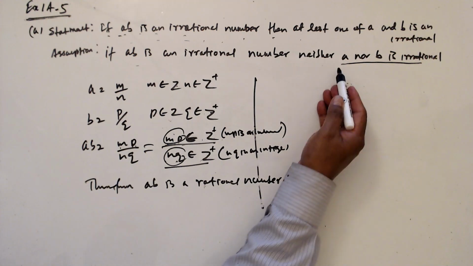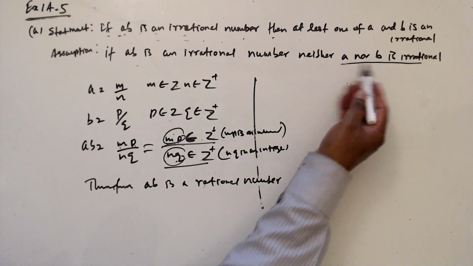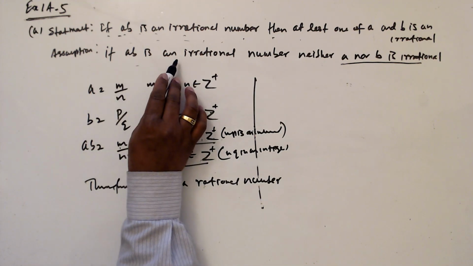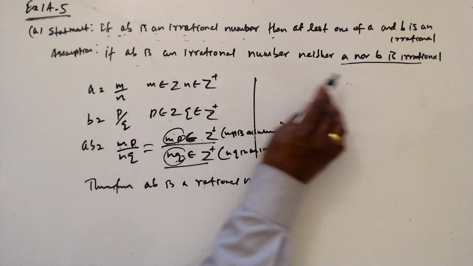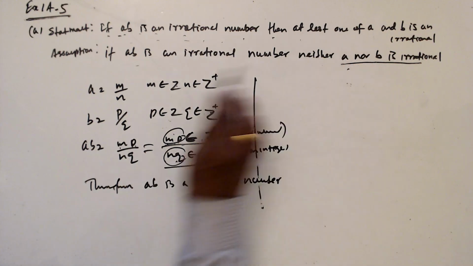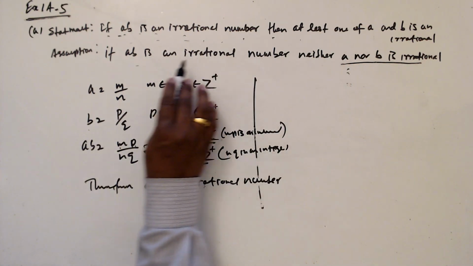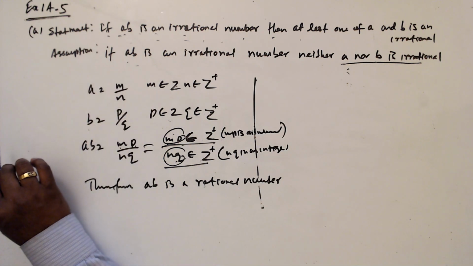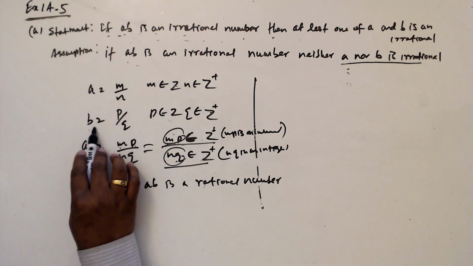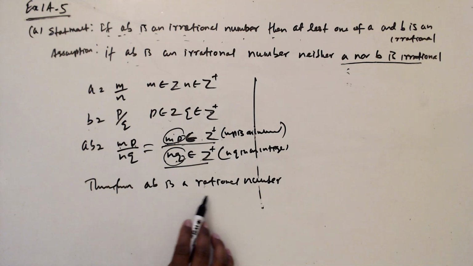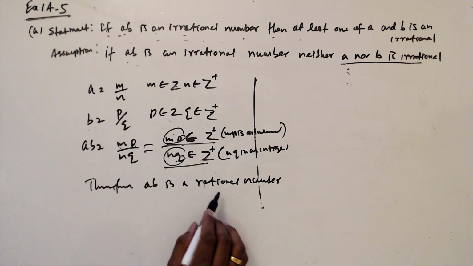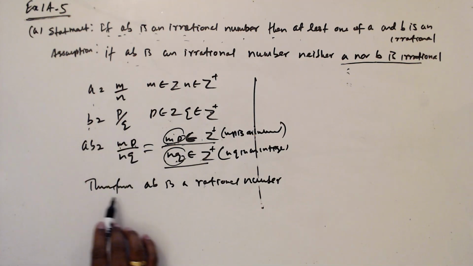Now, the assumption is that A is irrational, B is rational, but AB is irrational. But now A is rational, B is rational, and AB is also rational.